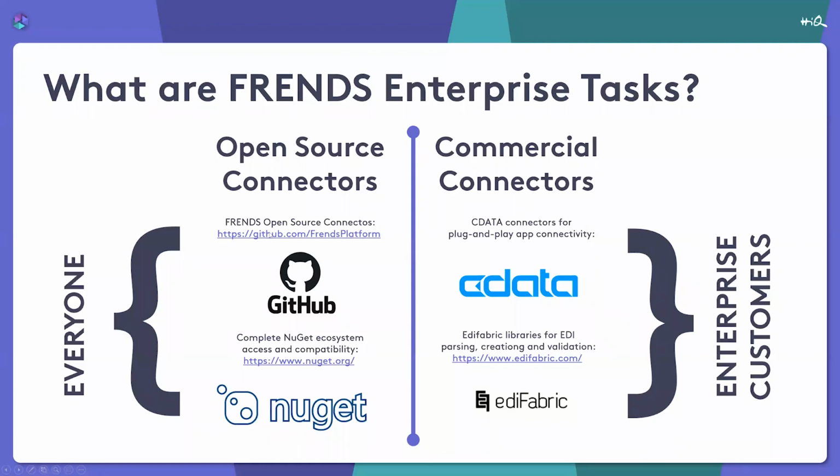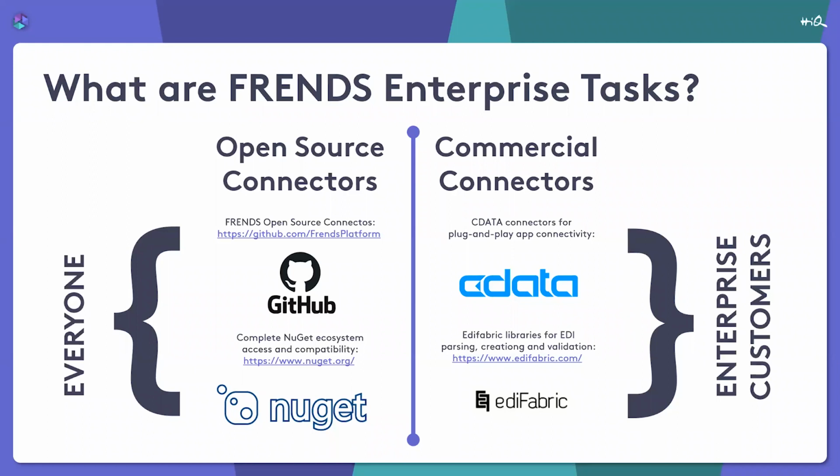They are most commonly used to implement the integration scenarios and have been the bread and butter of Friends development up until now. And of course, we have the developer ecosystem built around that, where our customers, consultants, whoever is using or developing something with Friends has the option of joining the community and exposing their own tasks as these open source connectors.